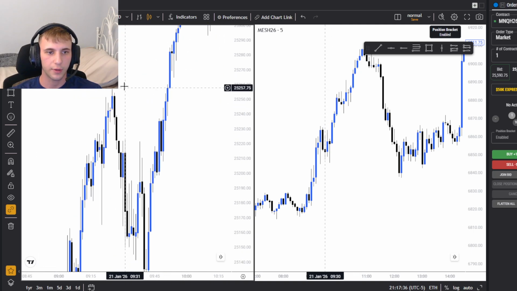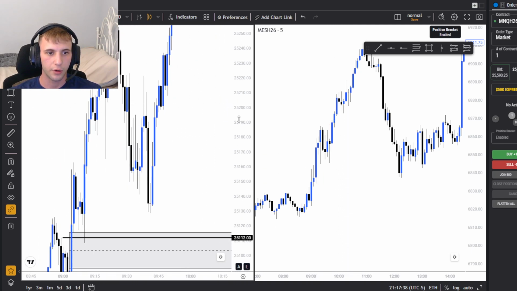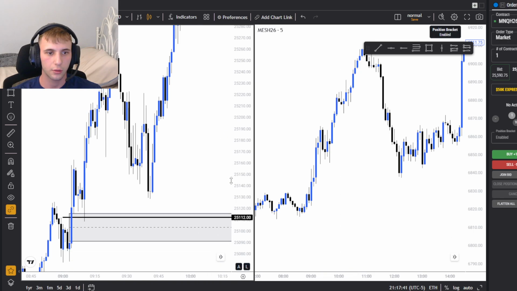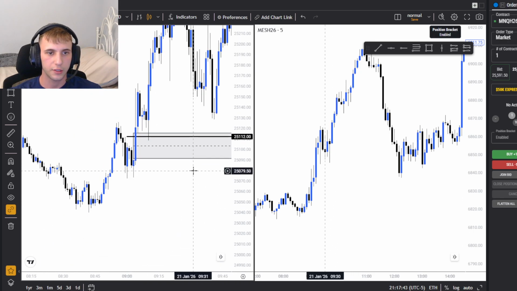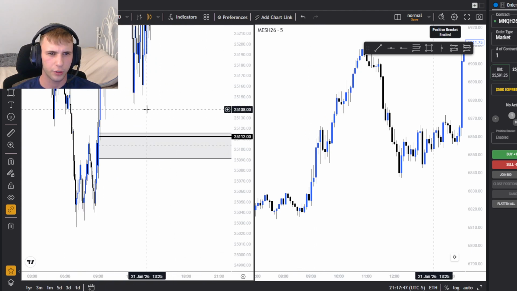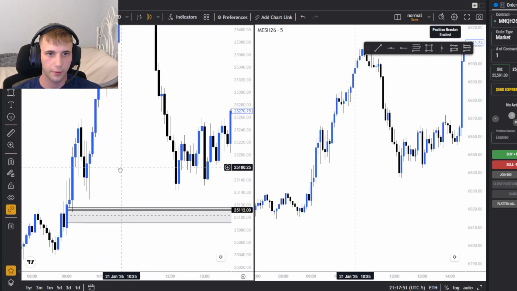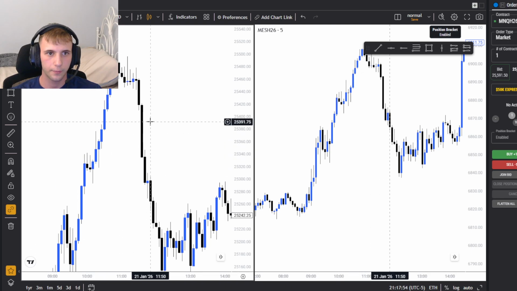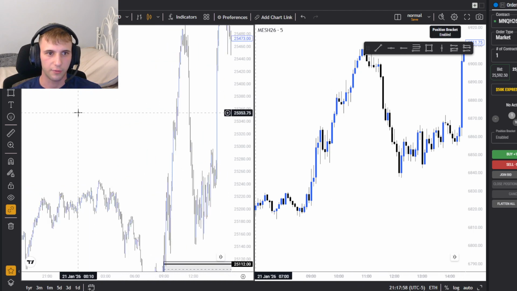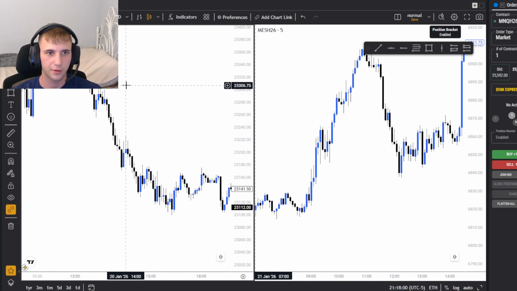Now, let me see if I can find it in price action. A decent enough example. I'm pretty sure it works better on the higher time frames here, though. Today was not a very good day for this.